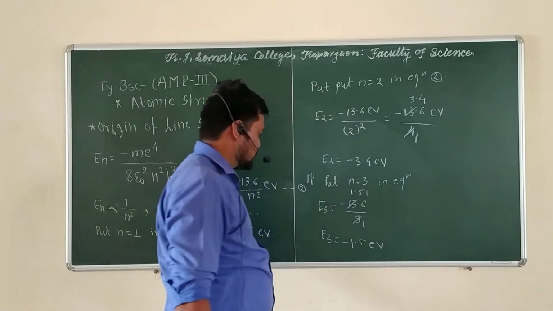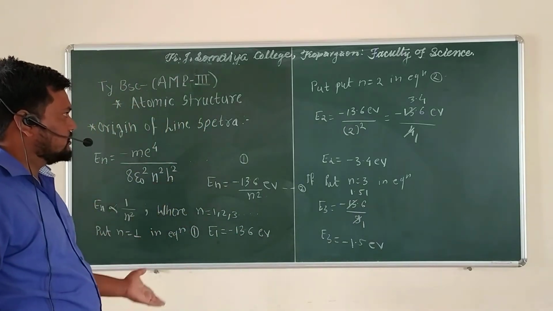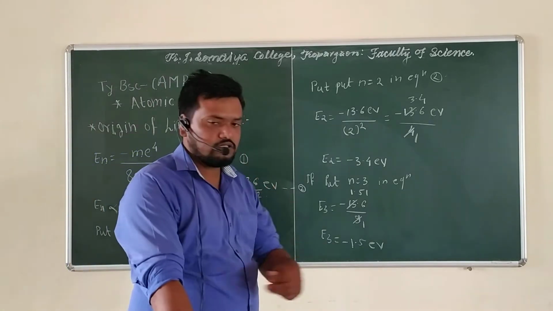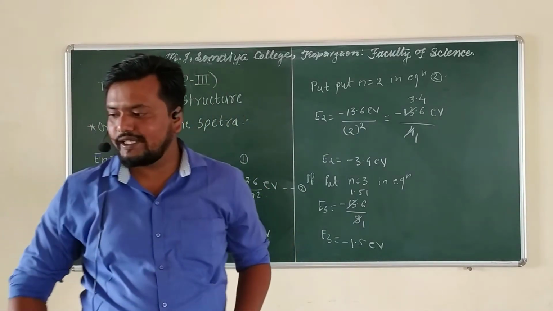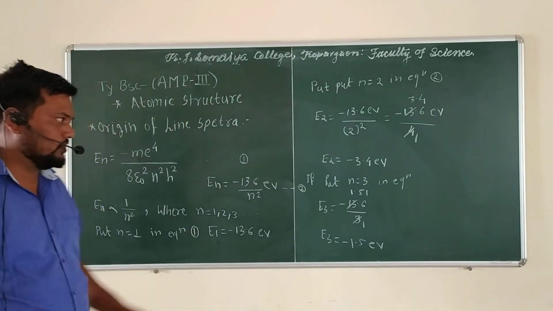So this corresponds to the first energy state n equal to 1, the second energy state n equal to 2, the third energy state n equal to 3, and the corresponding energy of an electron in each state.